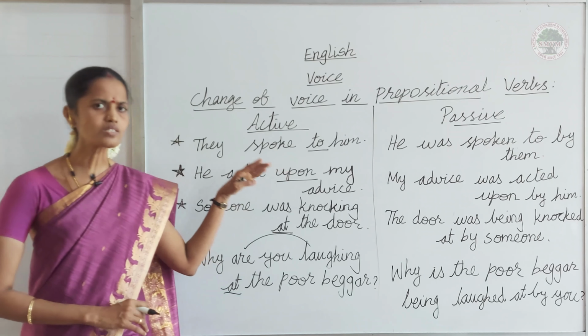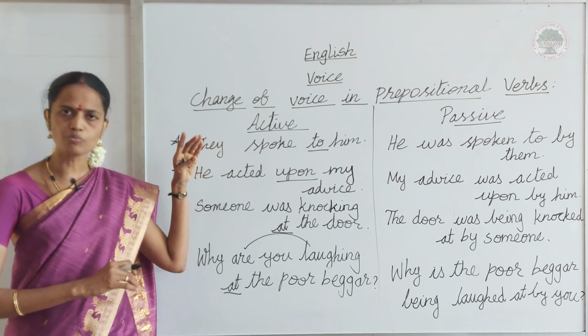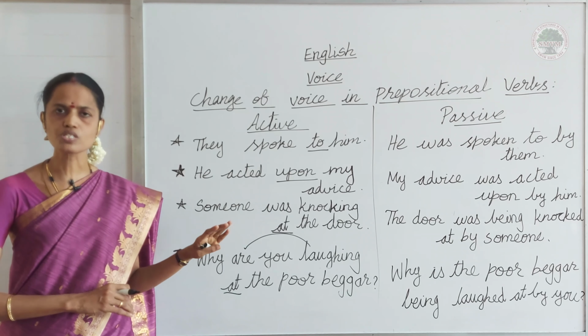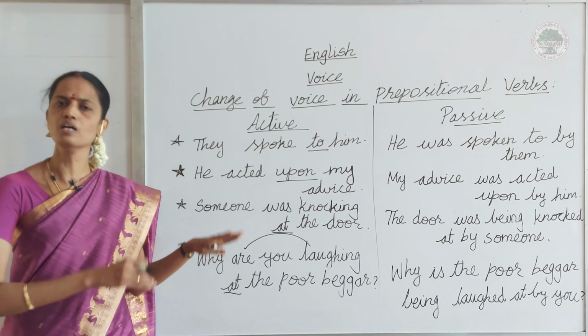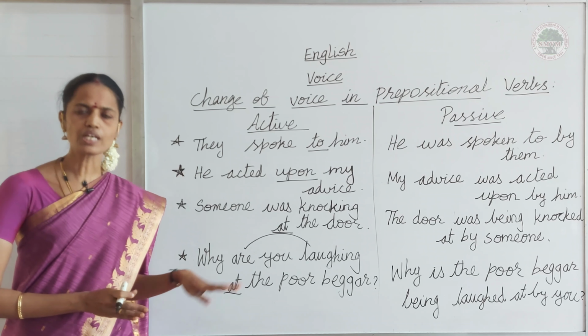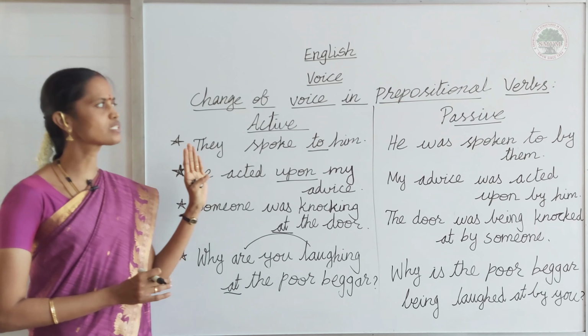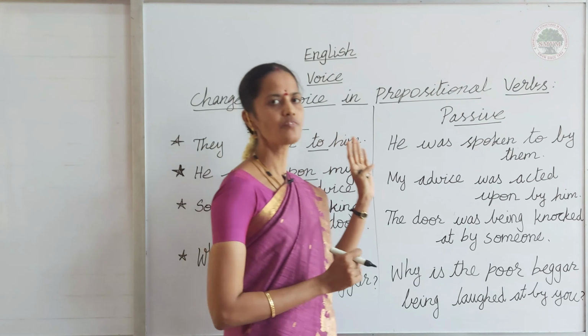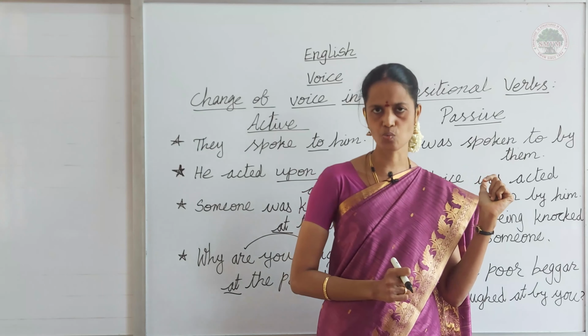So, it has to stay with the main verb only. Okay, the preposition has to stay with the main verb only. It should not be omitted. Okay, that is the rule while we are changing this prepositional verb from active voice into passive voice.